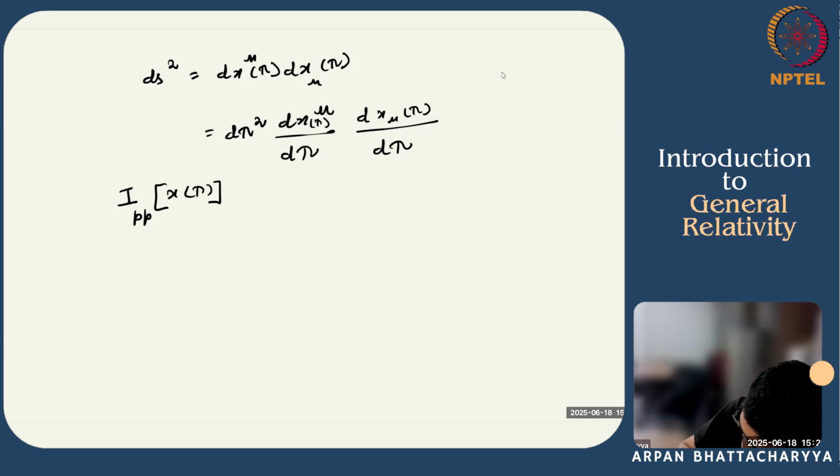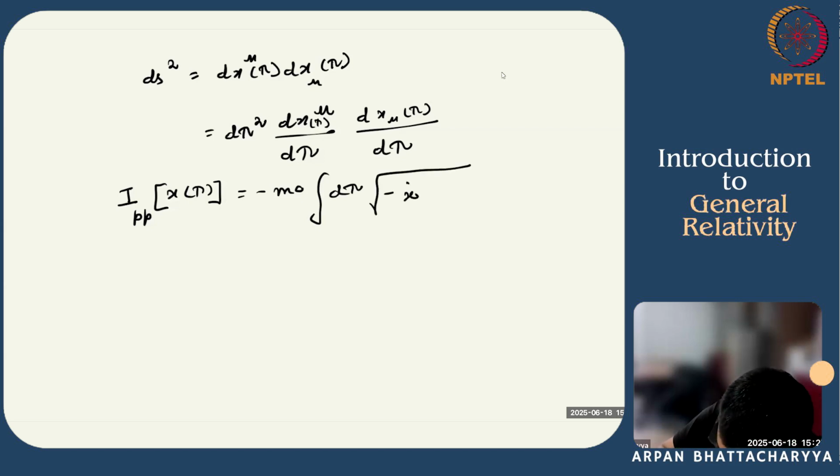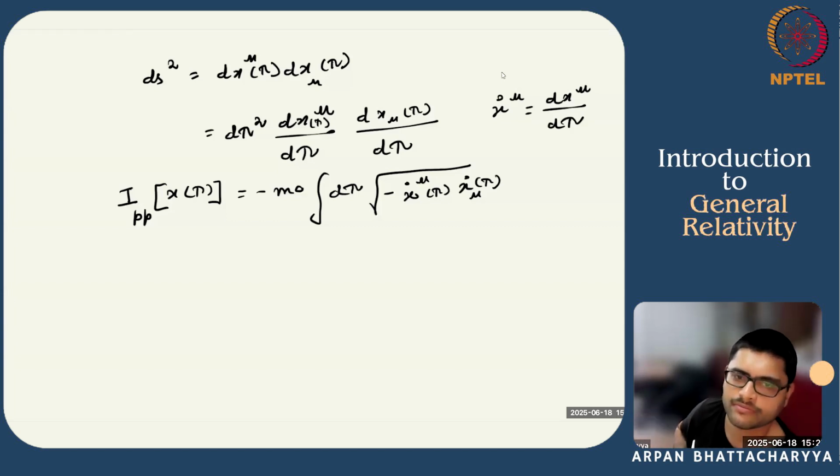And what is this x dot? X dot mu is defined as the derivative of x mu with respect to lambda.